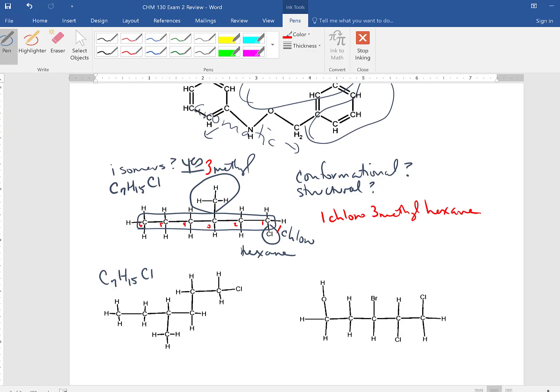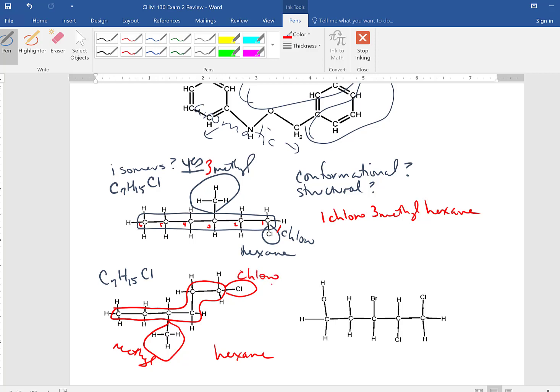Okay, so what's the other one? Longest carbon chain is? 6. So it is a hexane. Groups hanging off? The same thing. This is a methyl, and this is a chloro. So do look carefully.